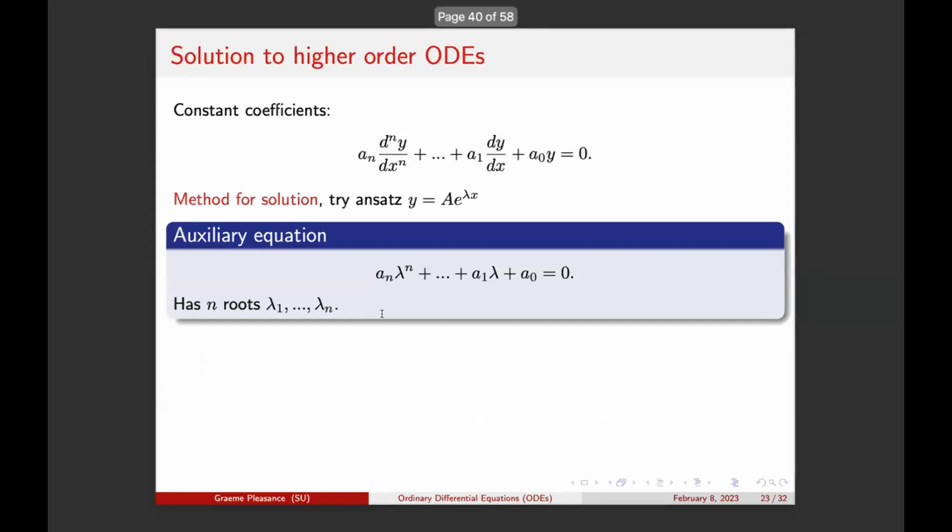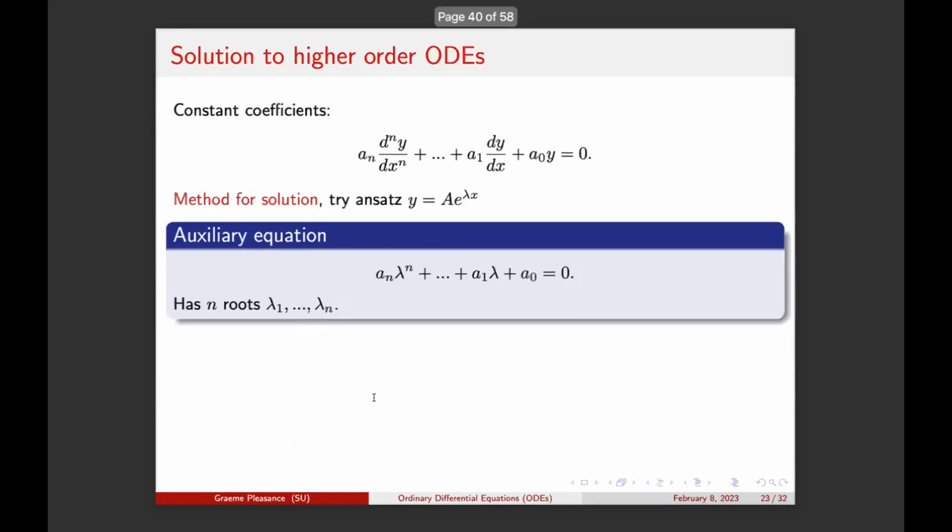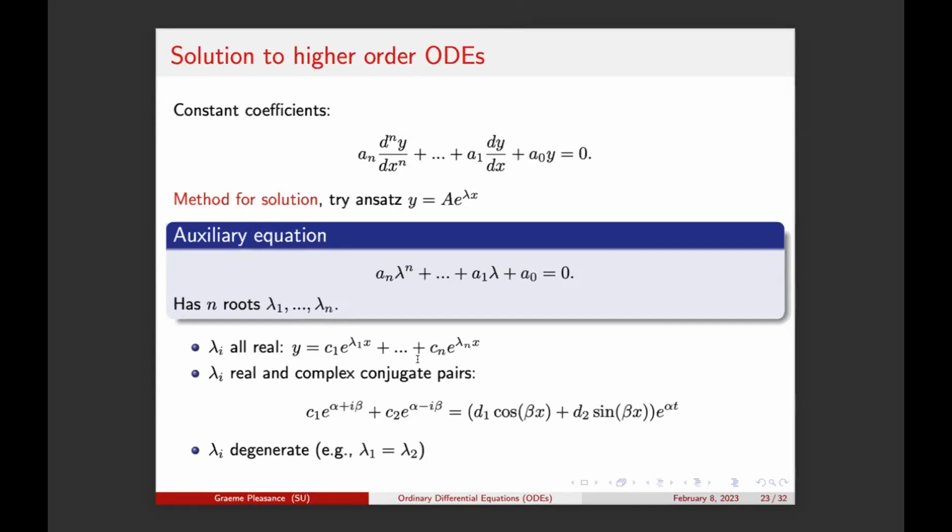If I quickly go back to the previous slide, when I stated that you can in general write the solution to the homogeneous equation in this form, that's what we've done here, using the fact that each of these e to the lambda i x are linearly independent when all these lambda i are real.